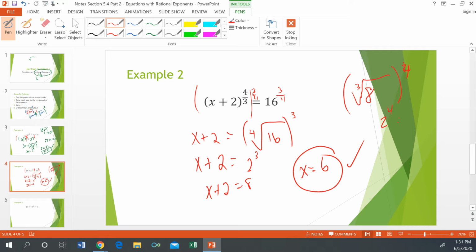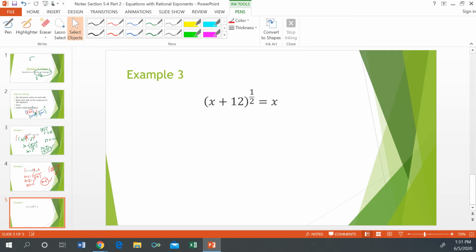All right, last one. If you remember, this would actually also look like the square root of x plus 12, those two are the same. Following suit, we're going to square both sides, 2 over 1.